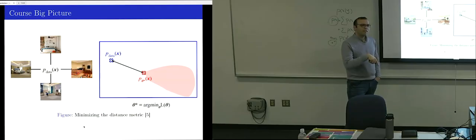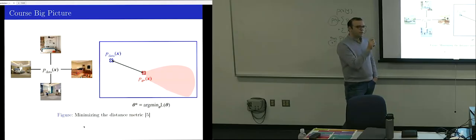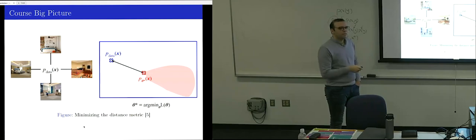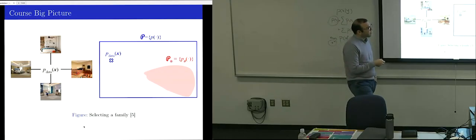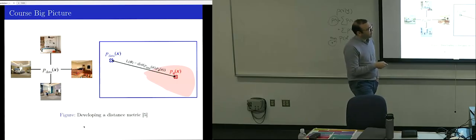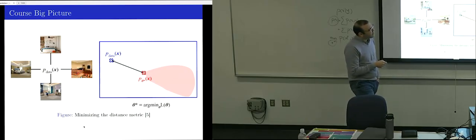So at the end of the day, I am at the best point in my family in terms of the distance metric to the true data distribution. In all of our models, we have these three steps. First, define a family. Second, define a distance metric. And finally, define the optimization procedure, which results in a theta star. Theta star is the best set of parameters based on your family. Okay?